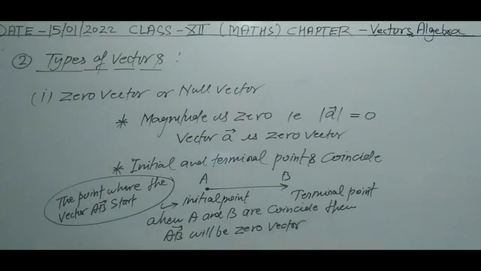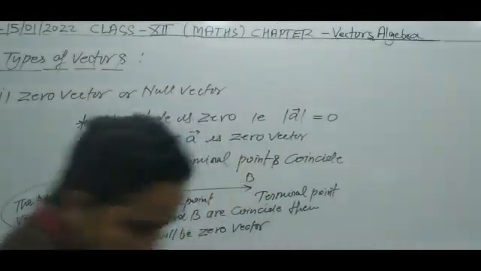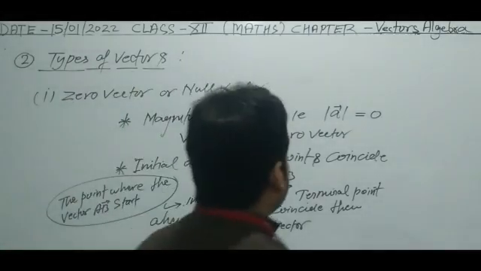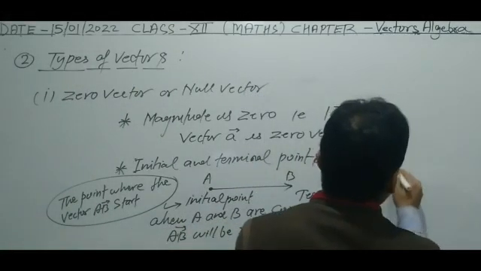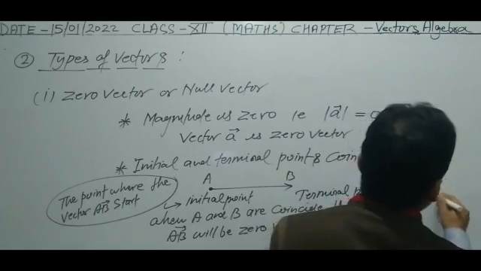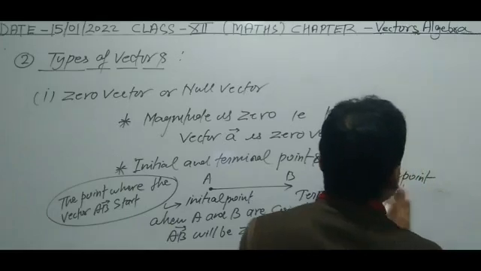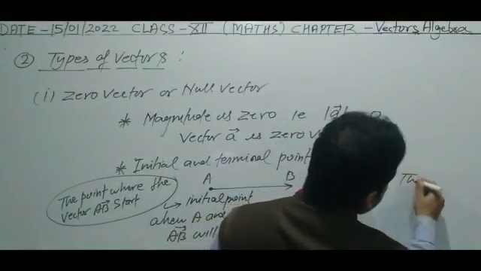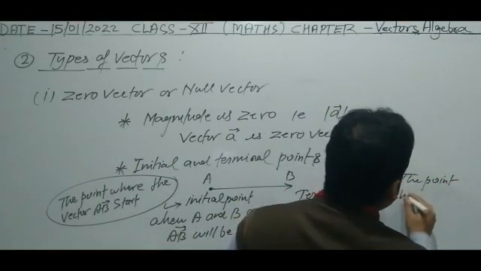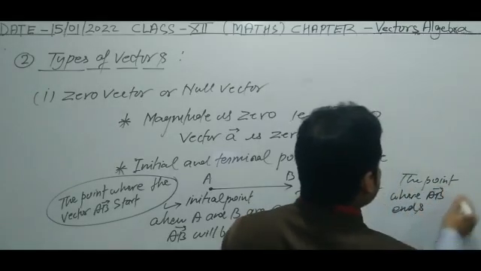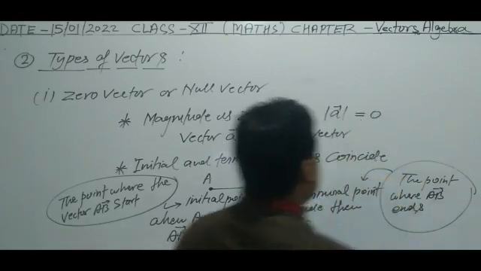And now the point B where it ends. So here I will write, the point where vector AB ends. This is the terminal point.